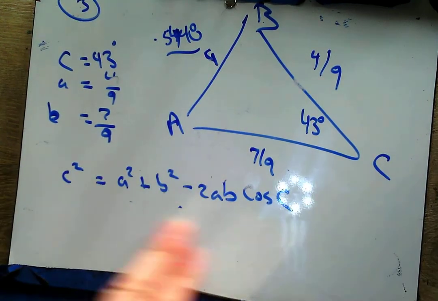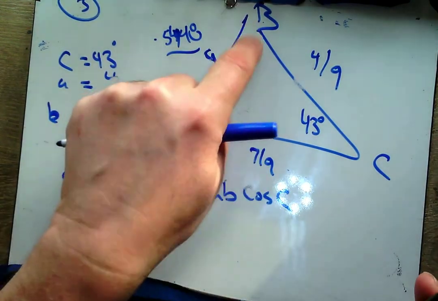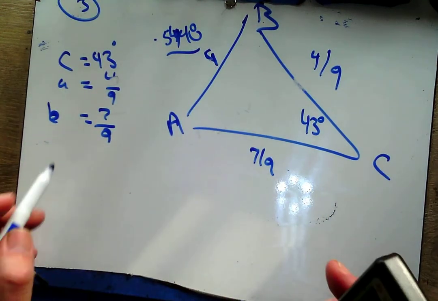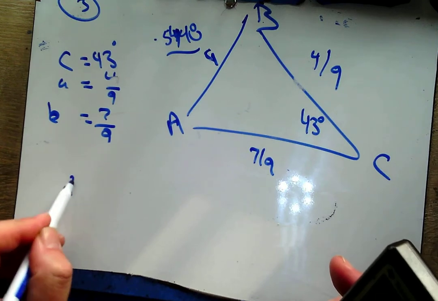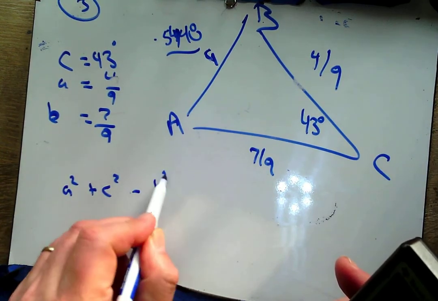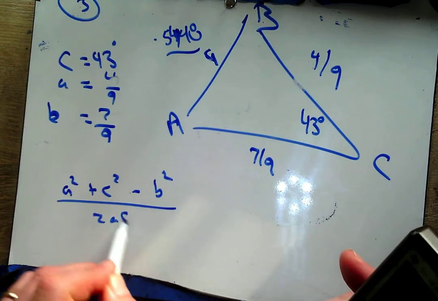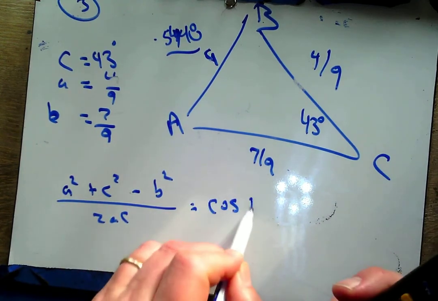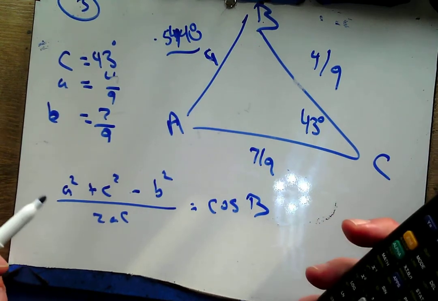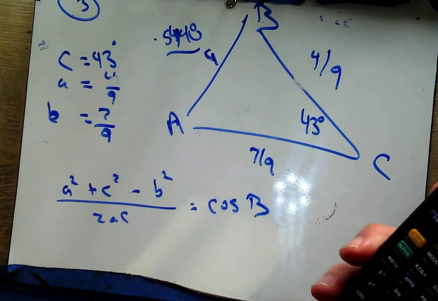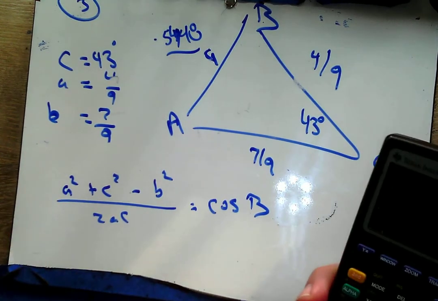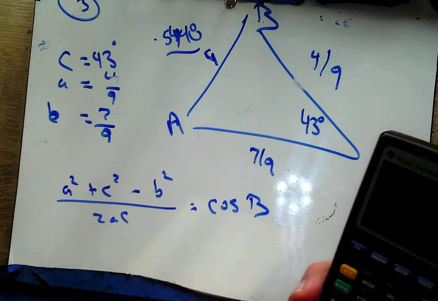Okay, thank you for your patience. So I'm looking for big B. I know that big B is going to be A squared plus C squared minus B squared over 2AC, which will give me cosine of B. Phew, now it feels better.